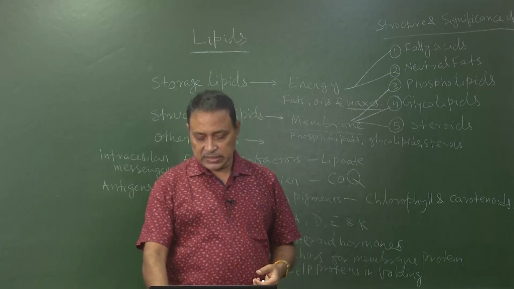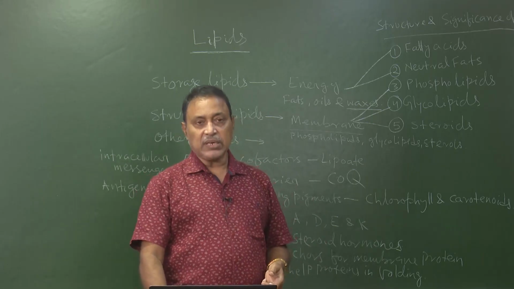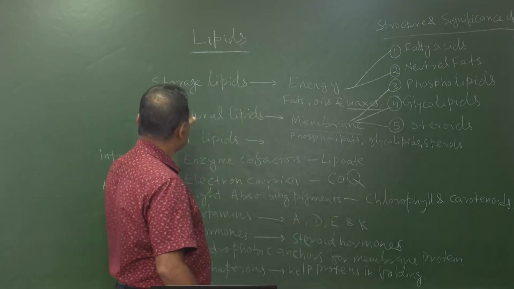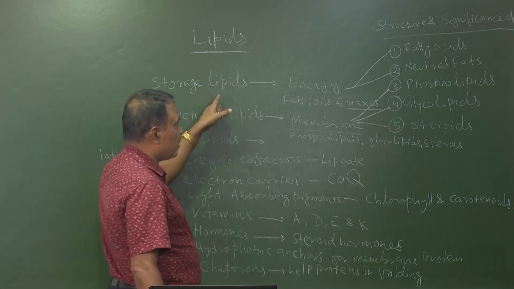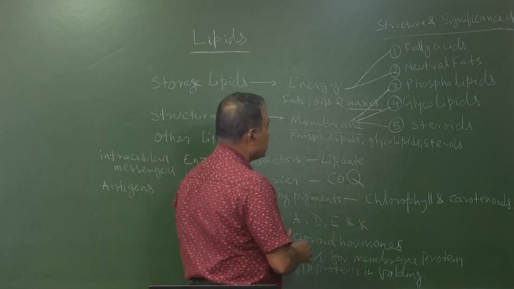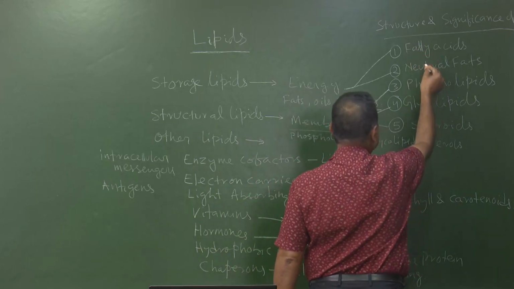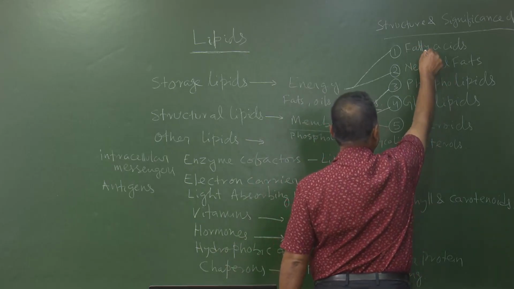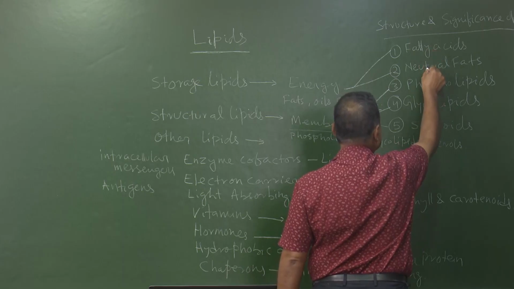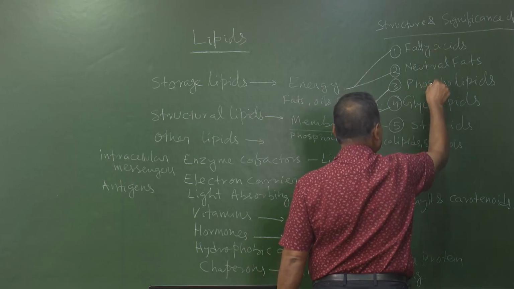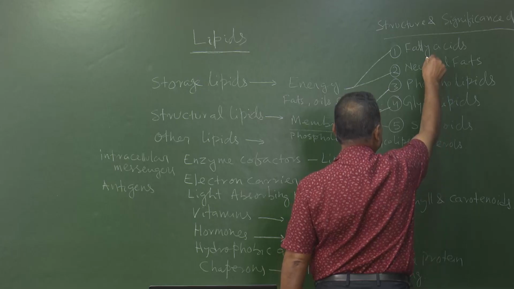So, from these we will first take up the storage lipids, and under the storage lipid we will be studying fatty acids and neutral fats, because neutral fat is made up of fatty acid. So also phospholipid is made up of fatty acid.